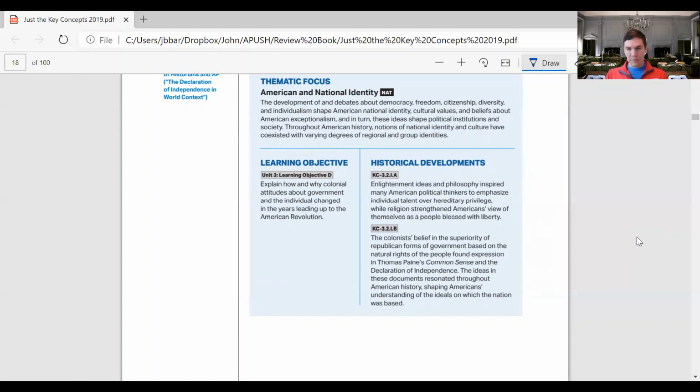And so eventually, a little bit later, Thomas Paine's Common Sense, the pamphlet that's going to get many Americans to think about independence, is going to encourage people to think about their rights differently.